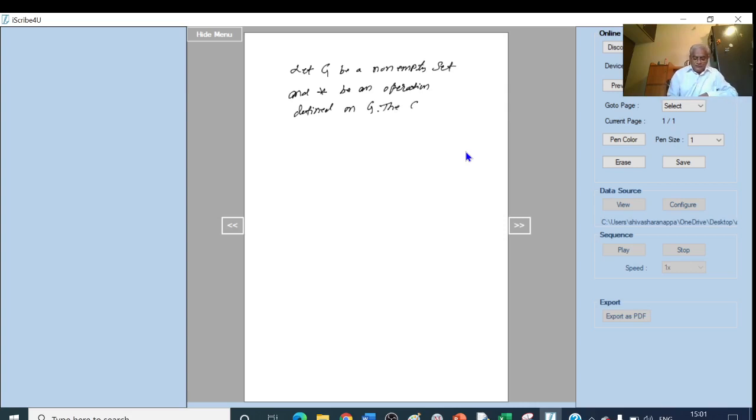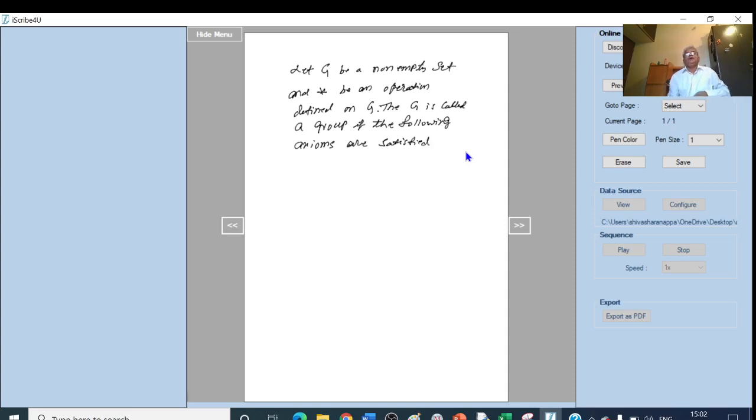Then G is called a group if the following axioms are satisfied.